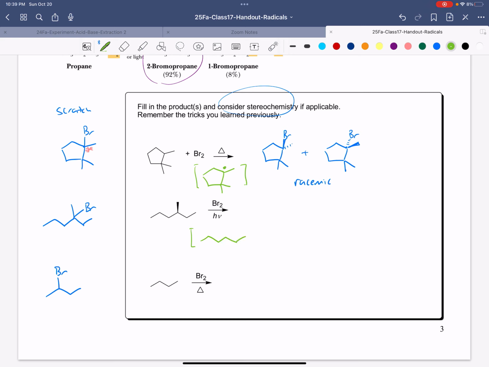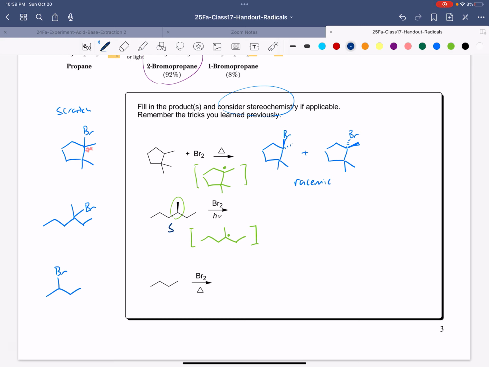Okay, for this one, it's interesting that the radical intermediate is always going to be flat, meaning that this wedge doesn't matter. This molecule here is 100% S. Wait, yeah, S. Let me write that down.